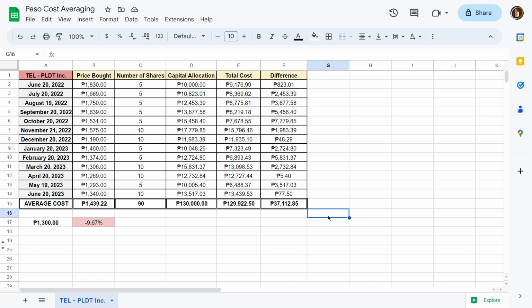Because that's what newbies often do. They buy high and they sell low. So here, you bought at 1,830, the next month you see PLDT is only 1,600. I'm just going to ditch this stock and sell it at a loss. Of course, when you sell it, that's when you realize the losses. So let's not prolong it.